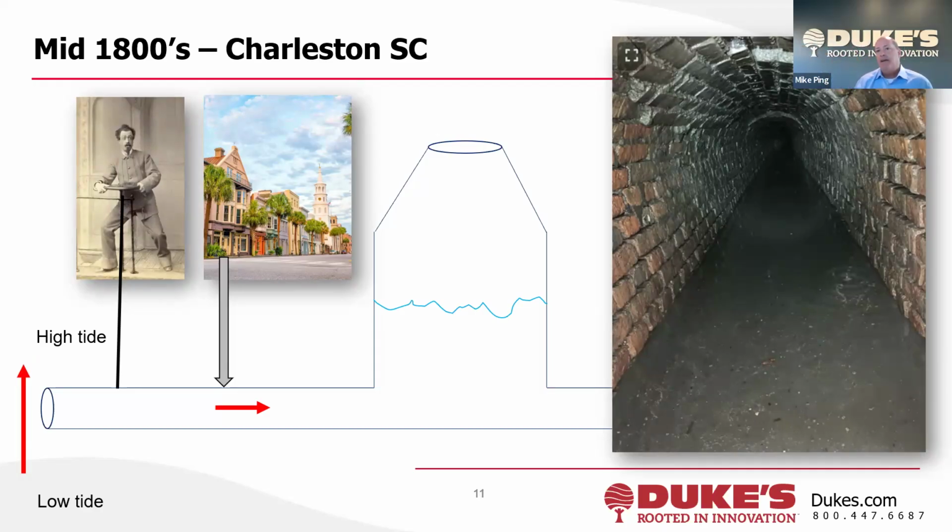At high tide, this man would come out of his little charming mansion over there and close the valve, trapping all the water in, let the ocean go to low tide, open it back up, and all this high velocity water that would be created would in effect clean the system. So cleaning was something thought of as part of the design from the very beginning in the wastewater collection systems in the US.